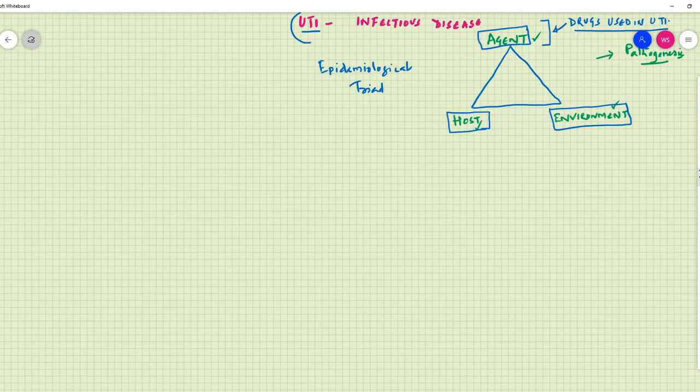So the UTI itself can be symptomatic or it can be asymptomatic, for example, asymptomatic bacteriuria.